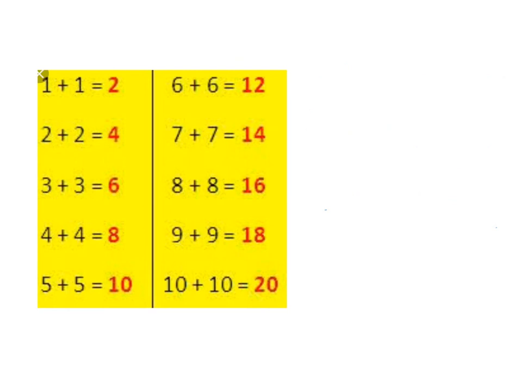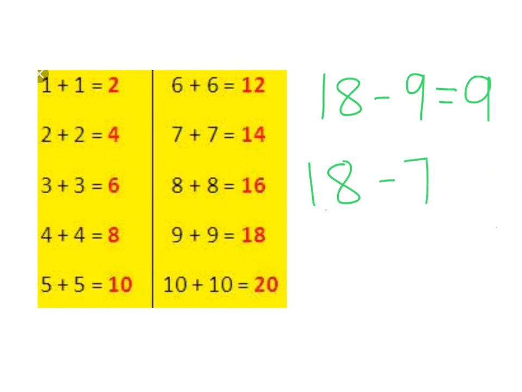Okay, let's look at one more example of how our doubles knowledge can help us work out subtraction questions close to a double. If I know that 18 take away 9 equals 9, because I'm using my doubles knowledge of 9 plus 9 equals 18, then I can use that knowledge to help me work out a question like 18 take away 7.